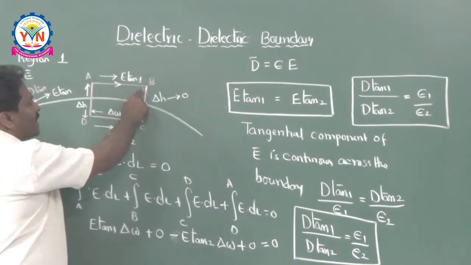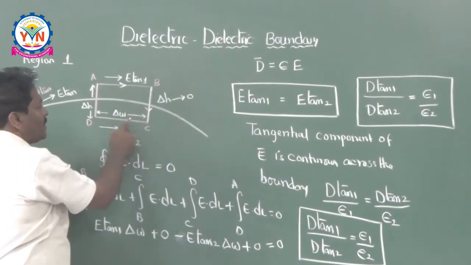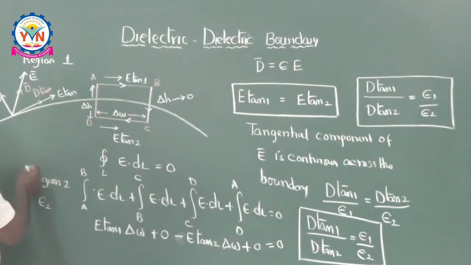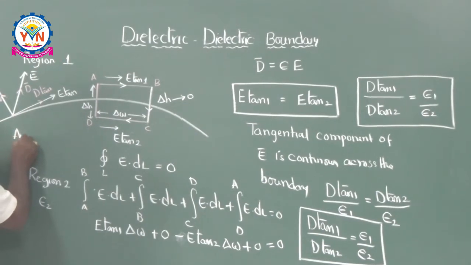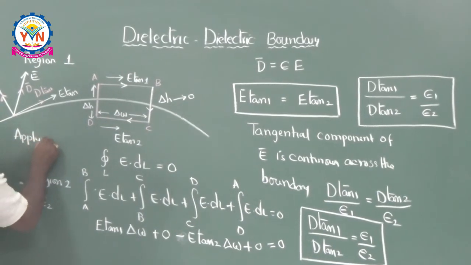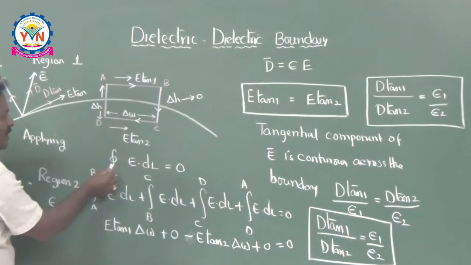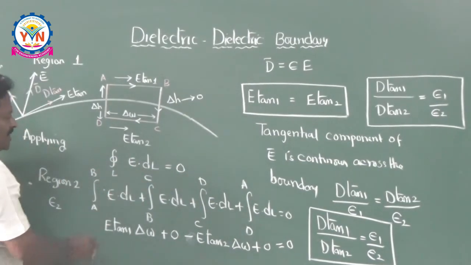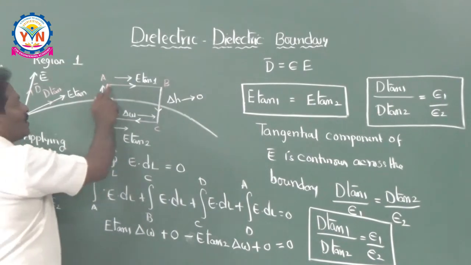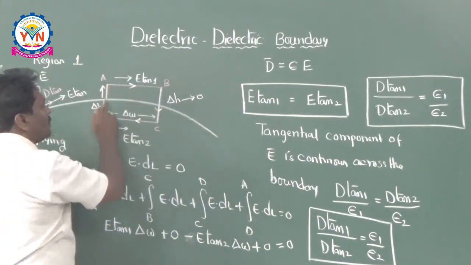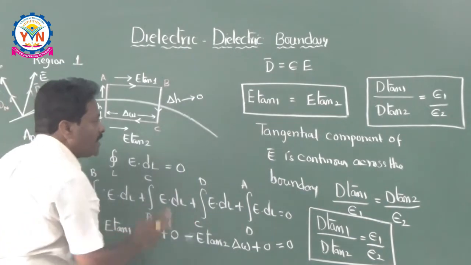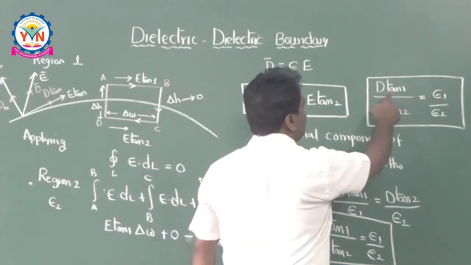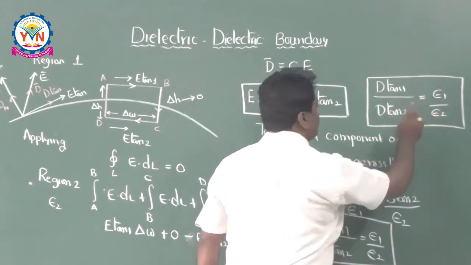You have taken a rectangular section A, B, C, D. Then you have applied law of conservative field. Law of conservative field is closed line integral E dot dl is equal to 0. The line should be closed, means you have to apply from A to B, B to C, C to D, D to A. Then after calculating using this dot product, you got E tan 1 is equal to E tan 2, D tan 1 by D tan 2 is equal to epsilon 1 by epsilon 2.